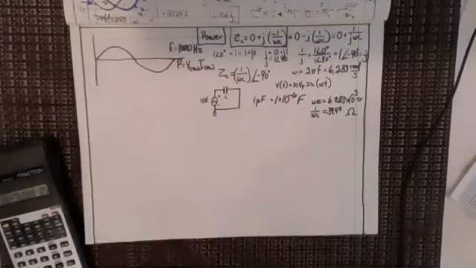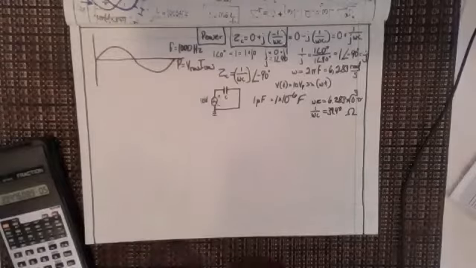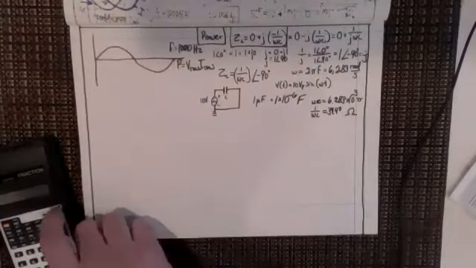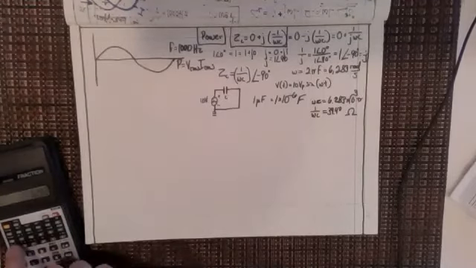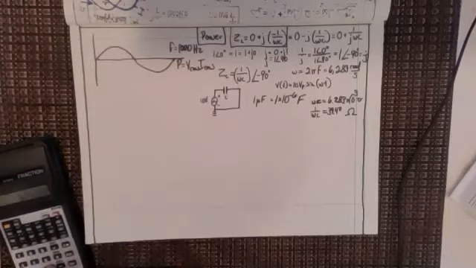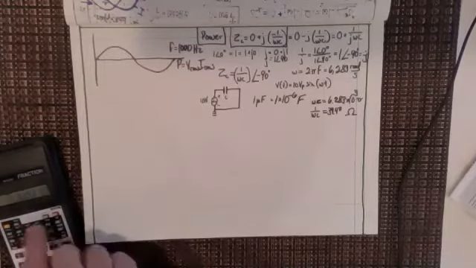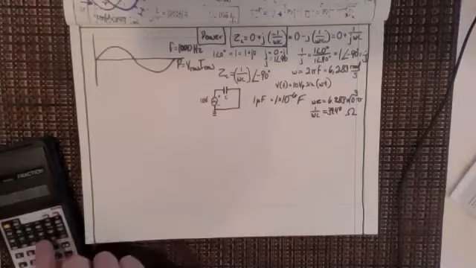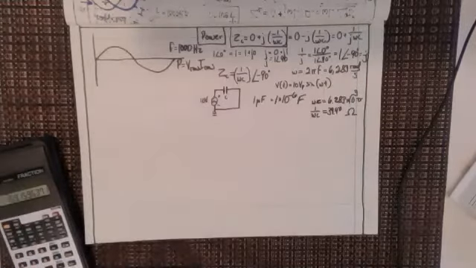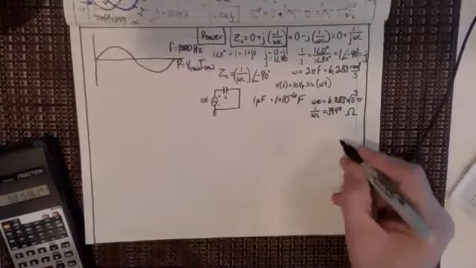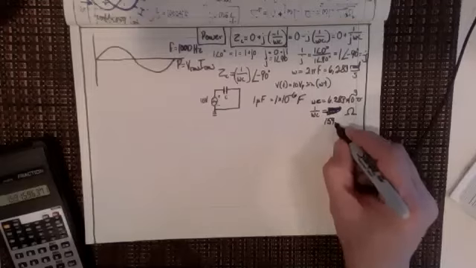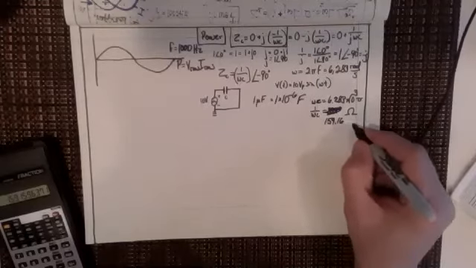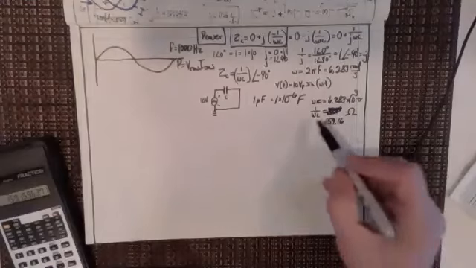Well, that can't be right. Just a second, let me do that again. My calculator hates me. Okay. Exponent 3. All right, 1 over that is 159.16. I'm sorry, 159.16 ohms. All right, that's 1 over omega c.